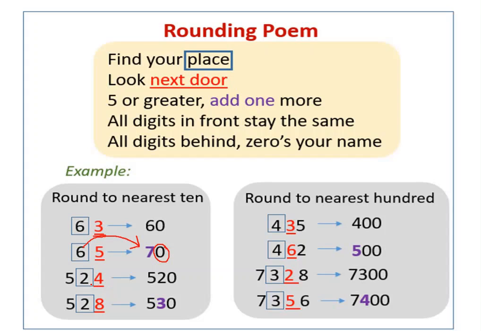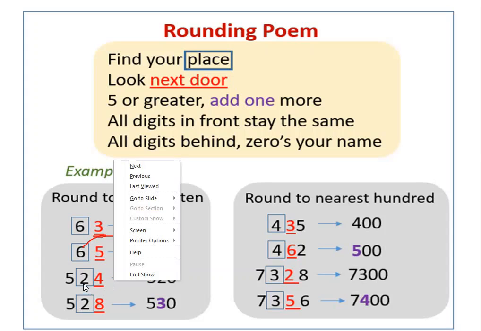Now look at 524. First of all I circle or put a square around the number that I want to round, which is 2 here. All of the numbers to the left of 2, I will not touch, I will keep them. You can notice here 5, I keep it 5, but I underline the number to the right of 2.